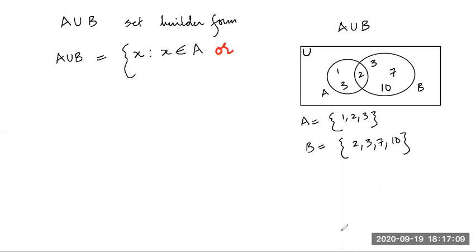Or, very important, and this importance will be understood when we do intersection. x belongs to A or x belongs to B, either it belongs to A or it belongs to B. In this way, we will avoid the repetition and also include the common element. This is the definition of A union B and its representation in set builder form.